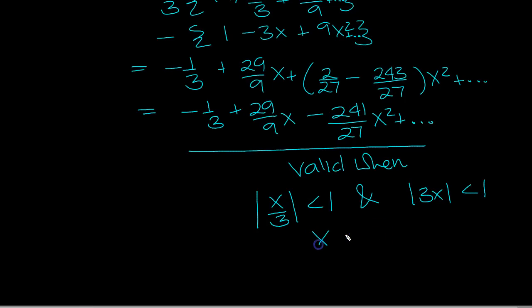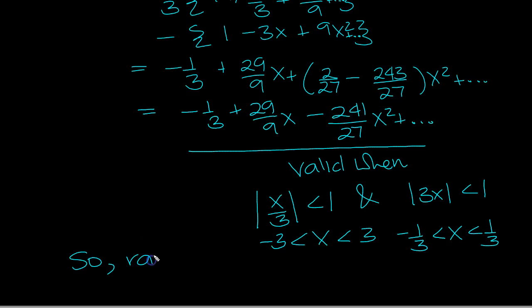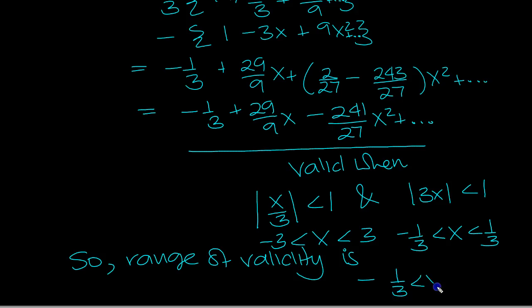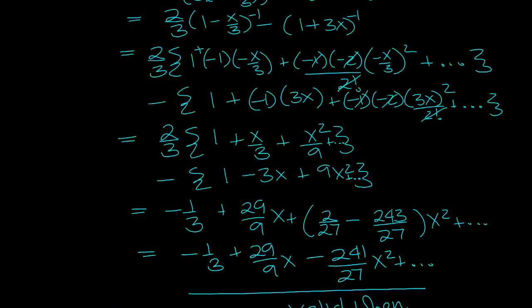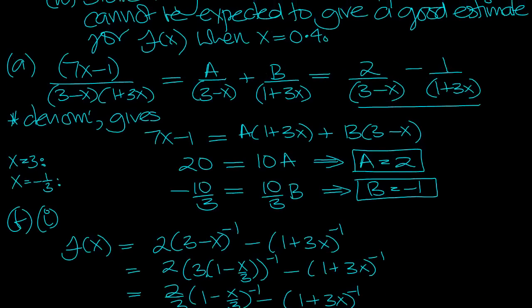So this tells us x is less than 3 and greater than minus 3, and this one tells us that x is less than 1/3 and greater than minus 1/3. So the range of validity: this lies inside this one, so we take the stronger condition. That's the range where this expansion is valid.